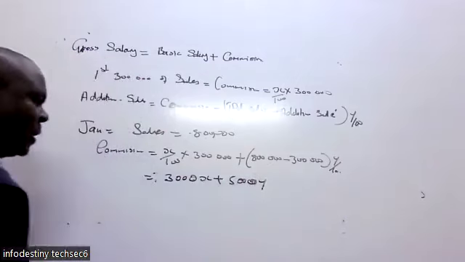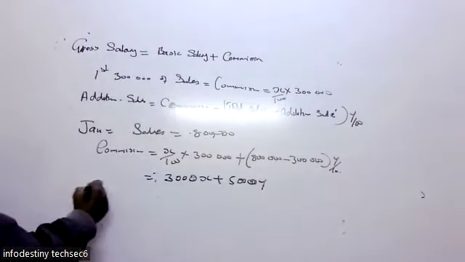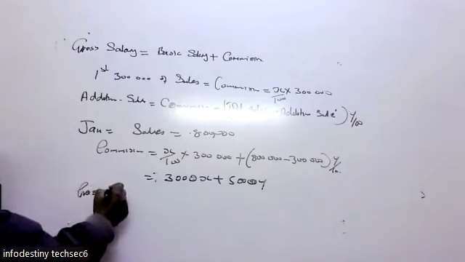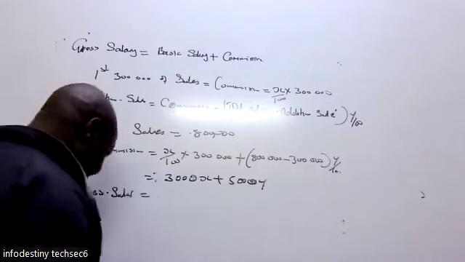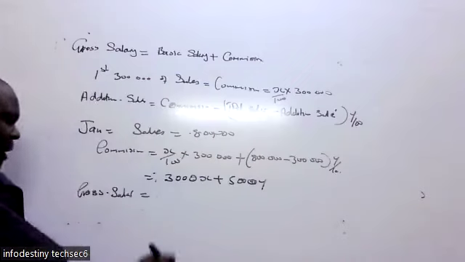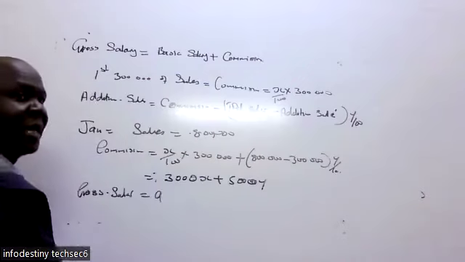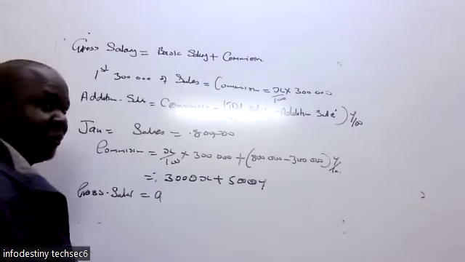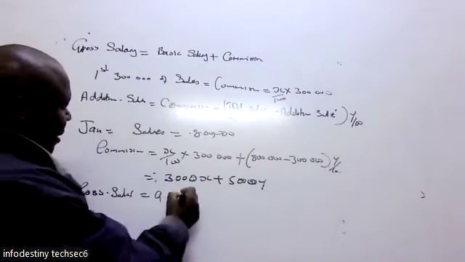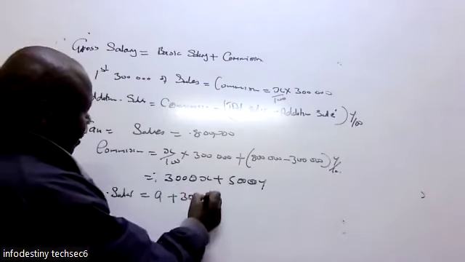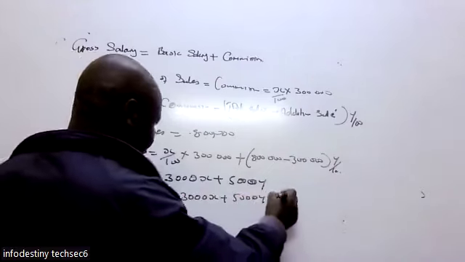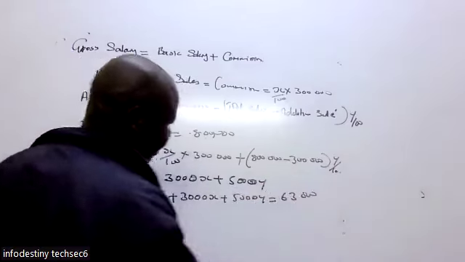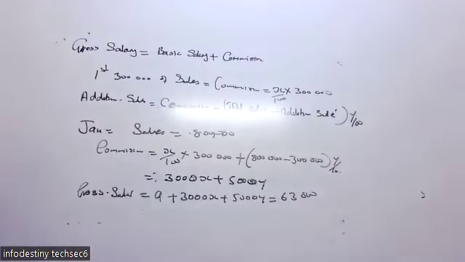Then the gross salary will be equal to A, which is the basic salary, assuming A is the basic salary, plus 3,000x plus 5,000y, which is going to be 63,000.